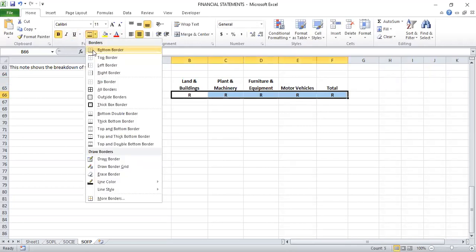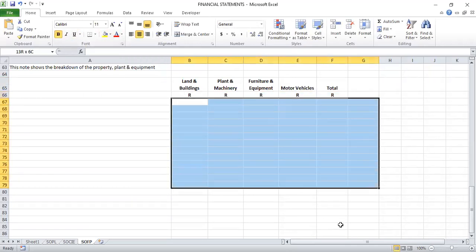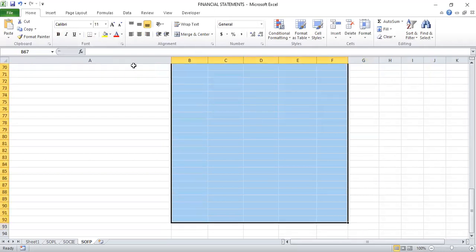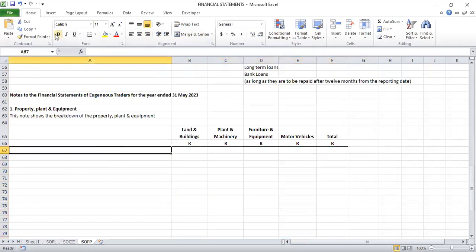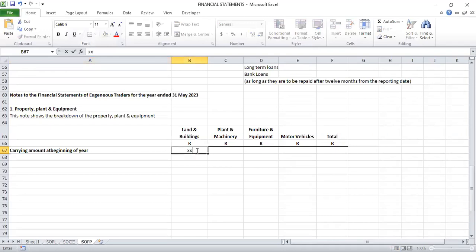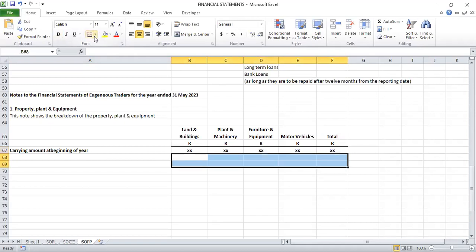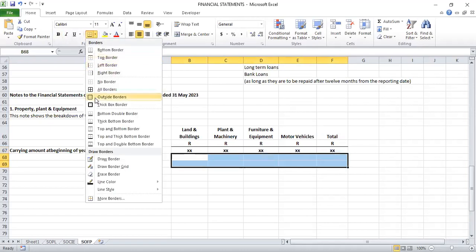Right. When we are preparing the property, plant, and equipment, we start with what we call the carrying amount at the beginning of year. These are the balances that are coming from the previous year. Our carrying amount is calculated as follows.